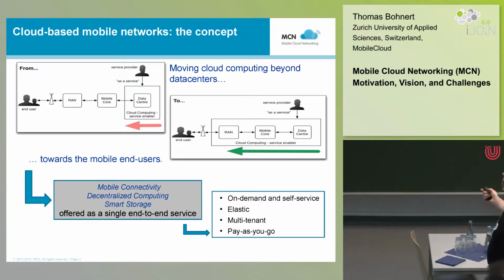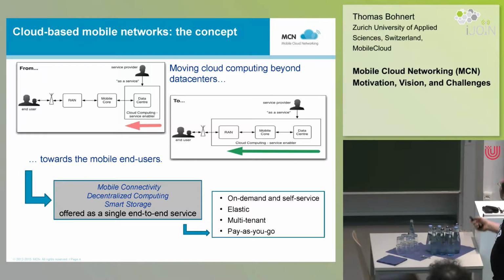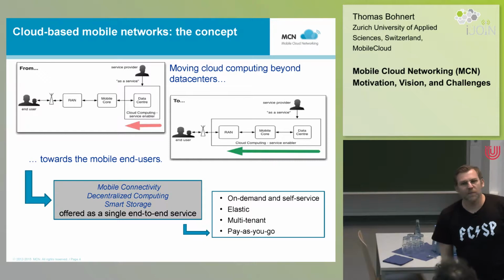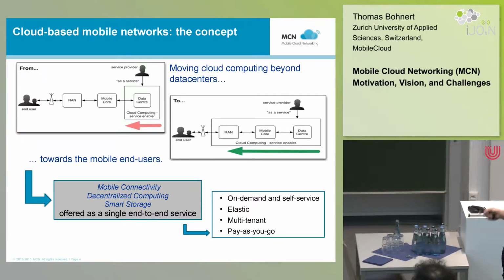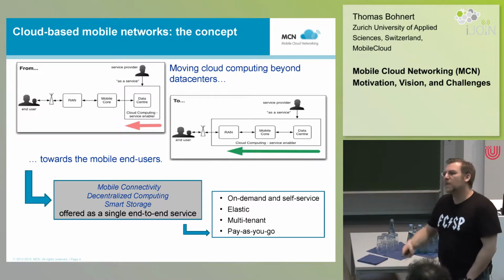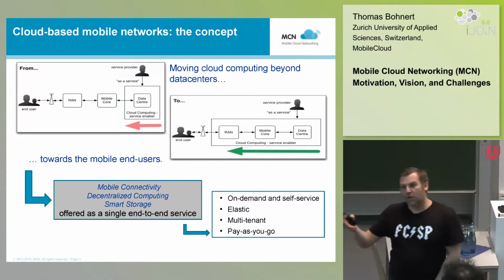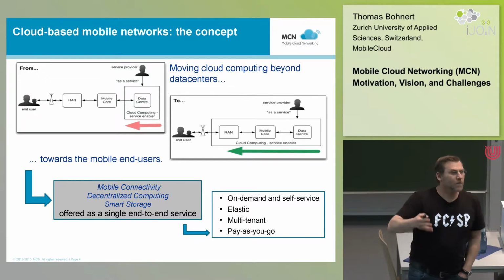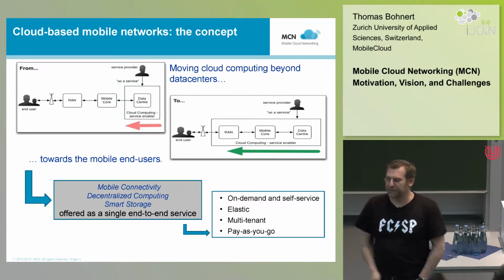Okay, and that's exactly what is illustrated here. And then, of course, if you think this consequently to the very end, it means that you bring all these defining principles, on demand, self-service, elasticity, pay as you go, and so forth, which you already know from the data centers where cloud computing has been defined initially, to the mobile network as well.